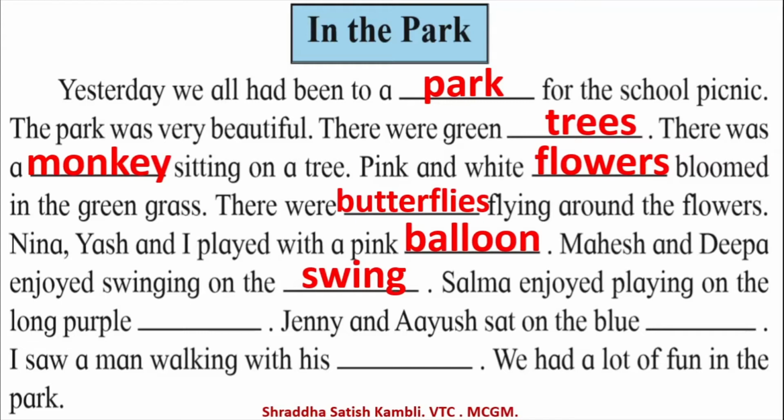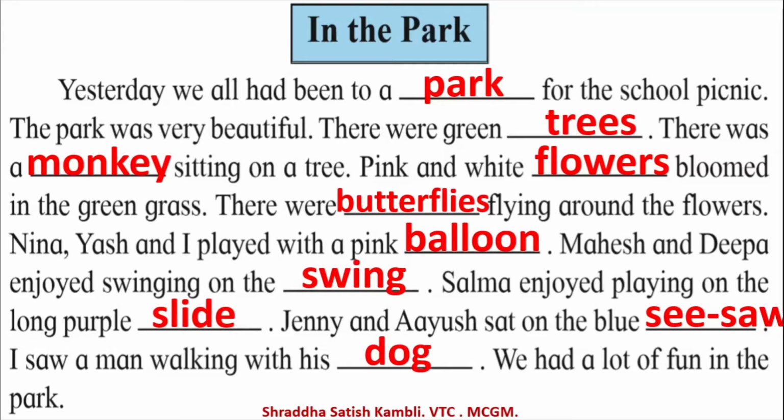Salma enjoyed playing on the long purple. Yes, what was Salma playing on? Long purple what? Long purple slide. Jenny and Ayush sat on the blue. There were two children. So, two children play on which game? Yes, it is called as the seesaw. I saw a man walking with his dog. We had a lot of fun in the park.